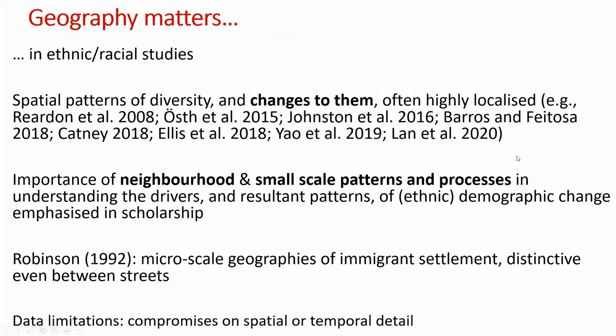He argued that attention really needed to be paid to these changes at not just the neighbourhood level, but at the finest grain possible, to really understand the extent to which, in particular, urban environments were changing.